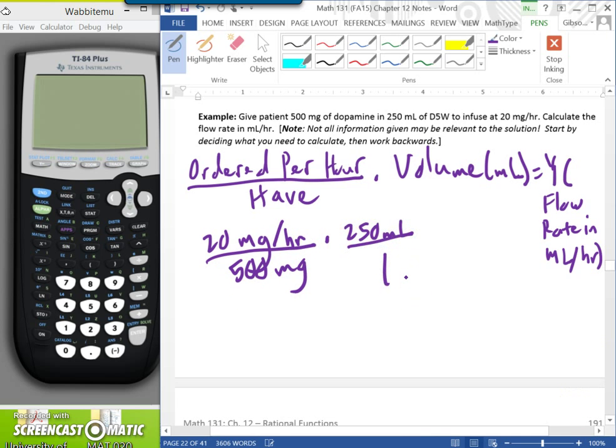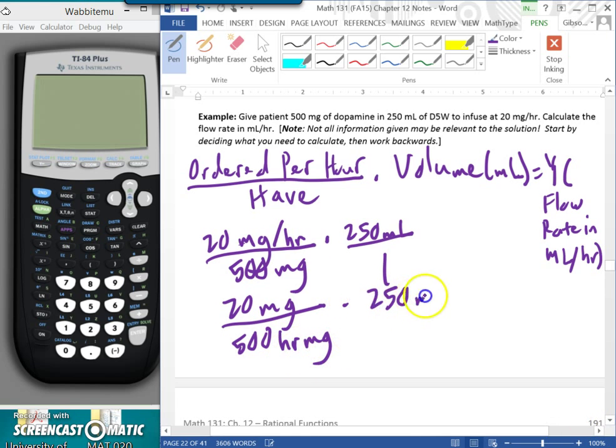Now, just to show a couple things here, we could rewrite this fraction. We can make this 20 milligrams all over 500 hours times milligrams, times 250 milliliters over 1.